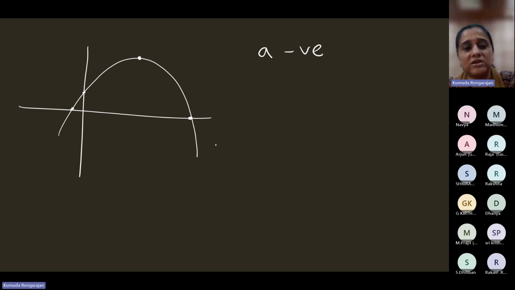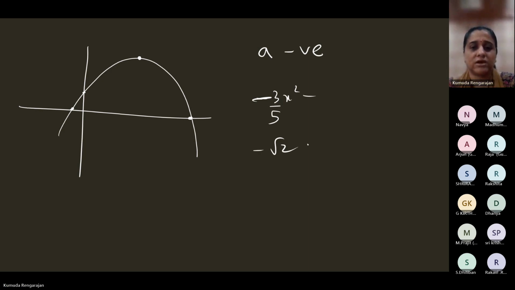It opens downwards, so the value of a is negative. The quadratic equation will be something like minus 3x squared plus whatever, or minus 3 by 5, or minus root 2, x squared. But it's negative.